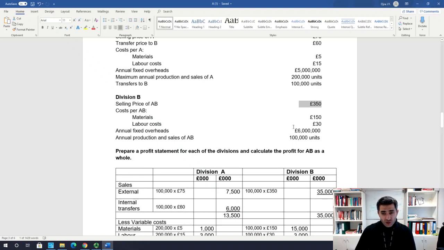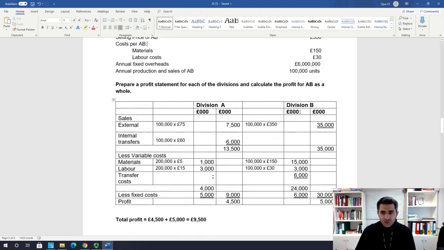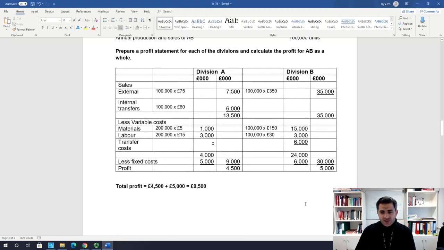For their own cost we've got material 150, labor £30, fixed cost 6 million, and the annual production and sales of AB 100,000, which they buy completely from division A. If you do the math, you should find that the profit for B is 5 million.